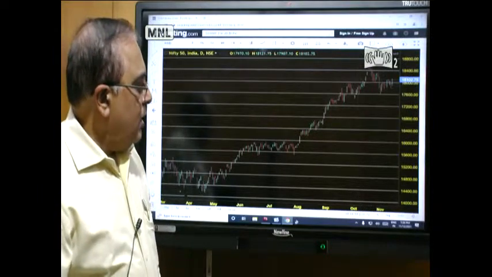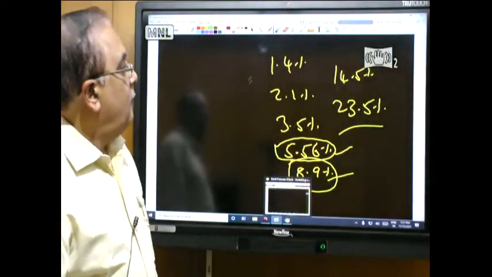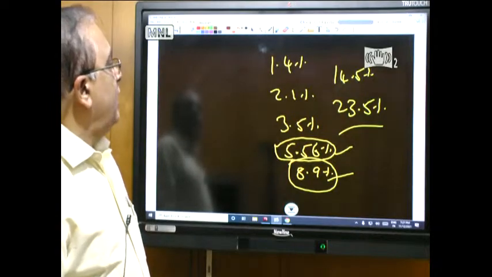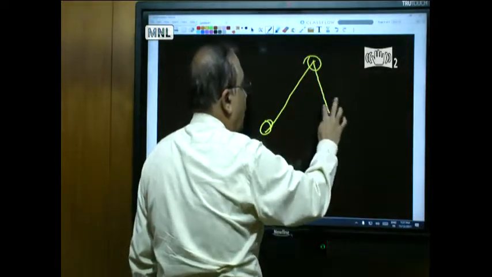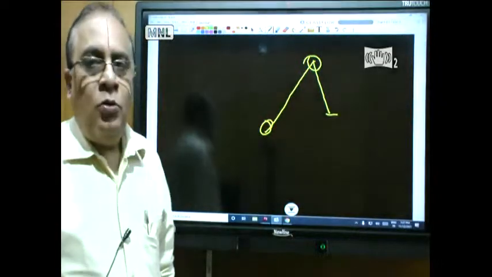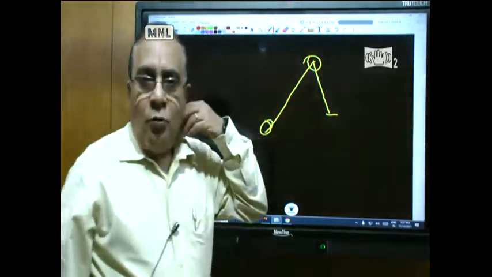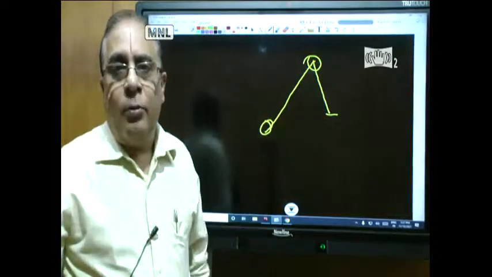Now, one thing that we have always noticed is that for a trend to resume, let us say the price goes from a particular level to this level, okay, then it has a retracement. Then when do we know that this retracement is over?